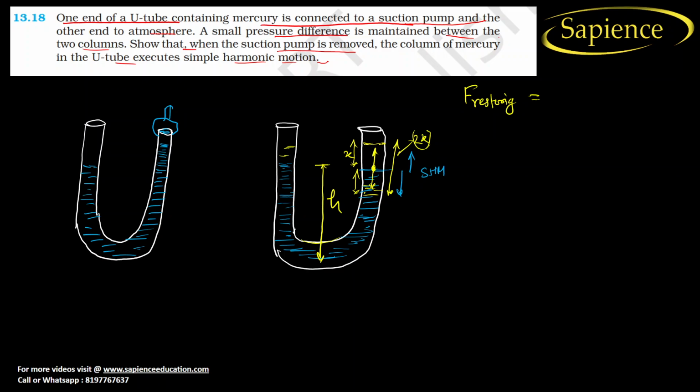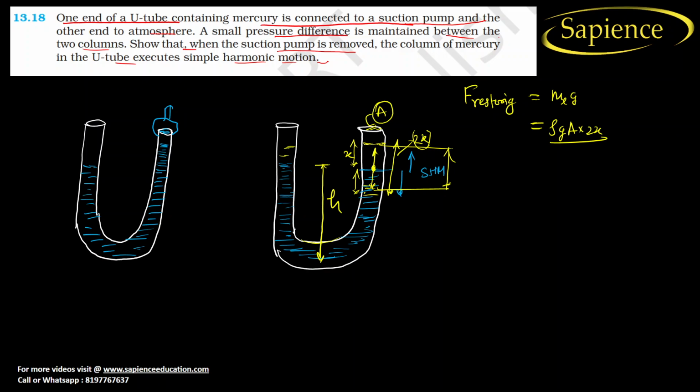See, F restoring force means this amount of liquid, which is responsible for the movement. So the weight of this liquid is equal to mass into g. The mass is density into volume. Let us consider the area A, so the volume will be area into 2x. So this will become the restoring force.